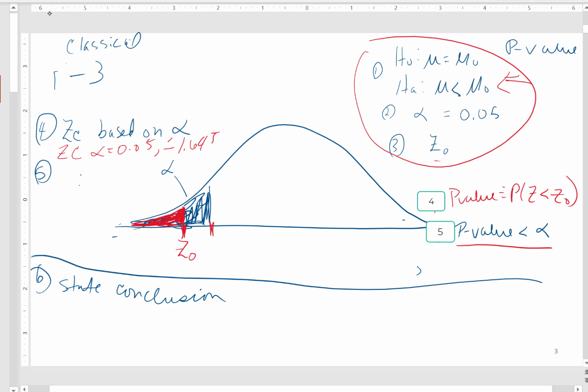So my critical value would be right here. So my criteria for rejection for a left-tailed test, remember we're in a left-tailed test, mu less than mu naught, because we're using these same 3, it would be if my test statistic is less than my critical value. I would reject the null hypothesis.